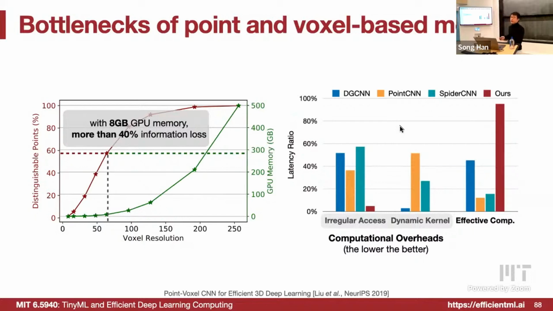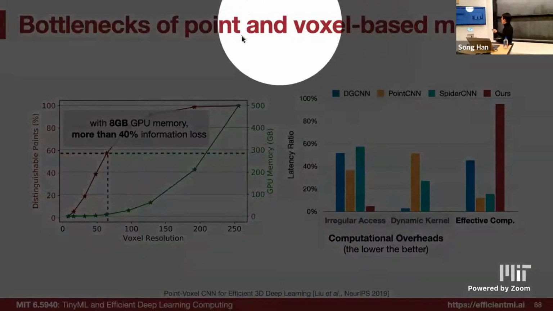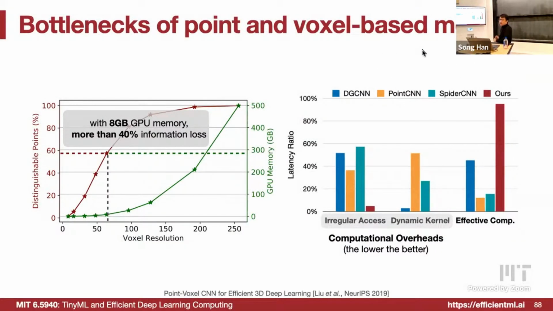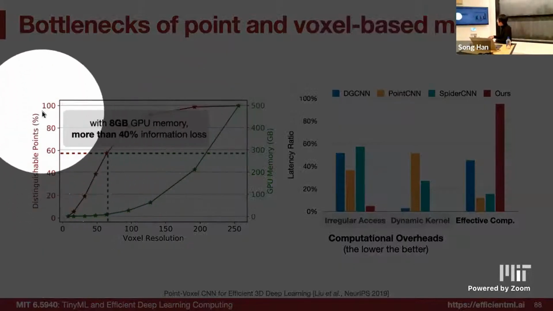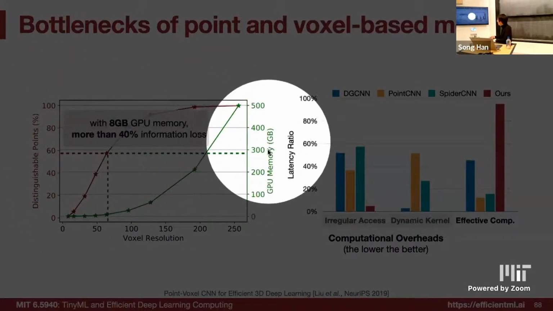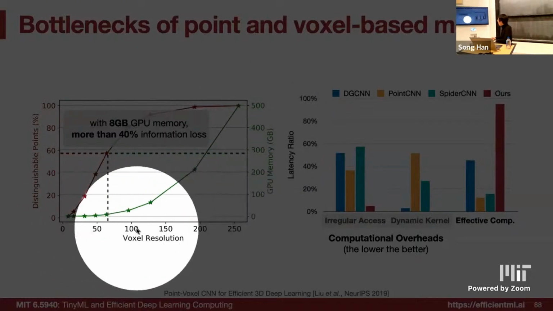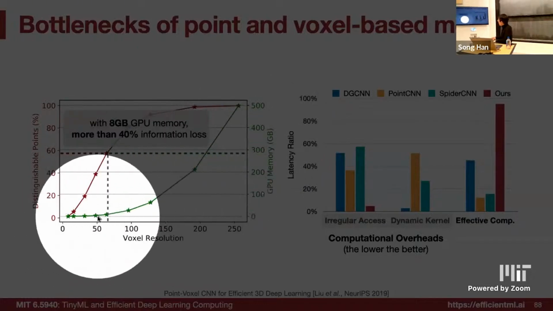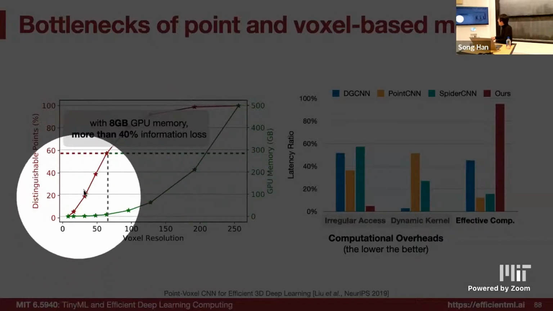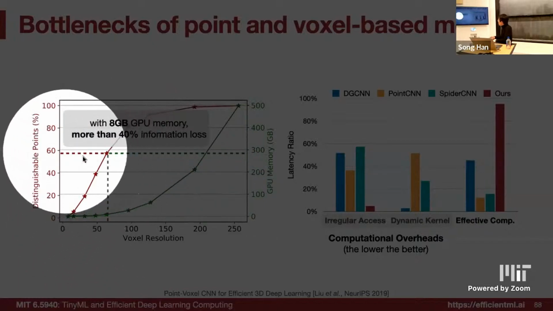So let's first understand the bottlenecks for these point and voxel-based methods, which are two approaches to deal with the point cloud. This is the resolution versus the distinguishable points versus the GPU memory. As we are increasing the voxel resolution, it's getting better for the distinguishable points.